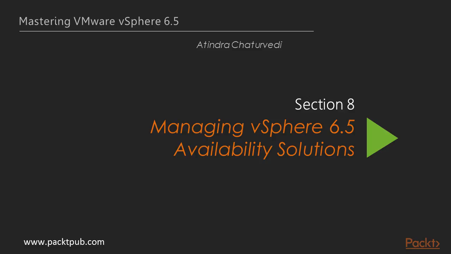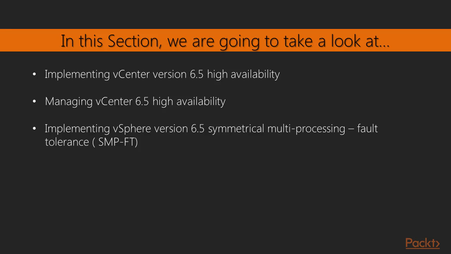In this section, we will cover managing vSphere 6.5 availability solutions. We will look at implementing vCenter version 6.5 high availability that's available with the vCenter Server Appliance. We will also go into great detail about managing vCenter 6.5 high availability by initiating failovers and showing you the specific configurations that can be implemented.